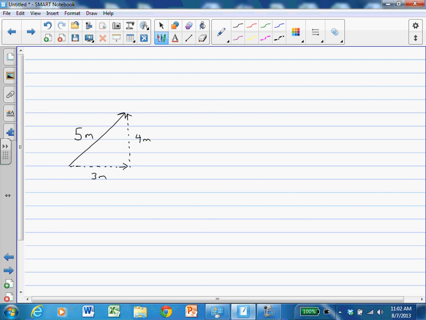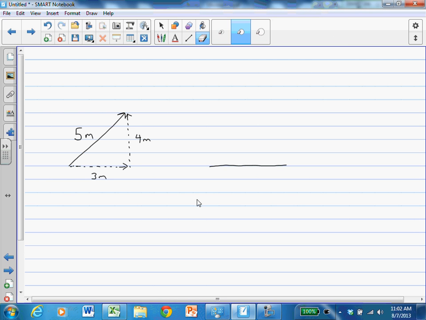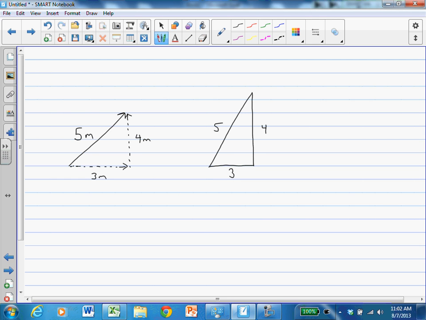So if we take that to our standard right triangle, let me draw it a little more correctly. Our 3, 4, 5 triangle, like that, where that's our right angle.